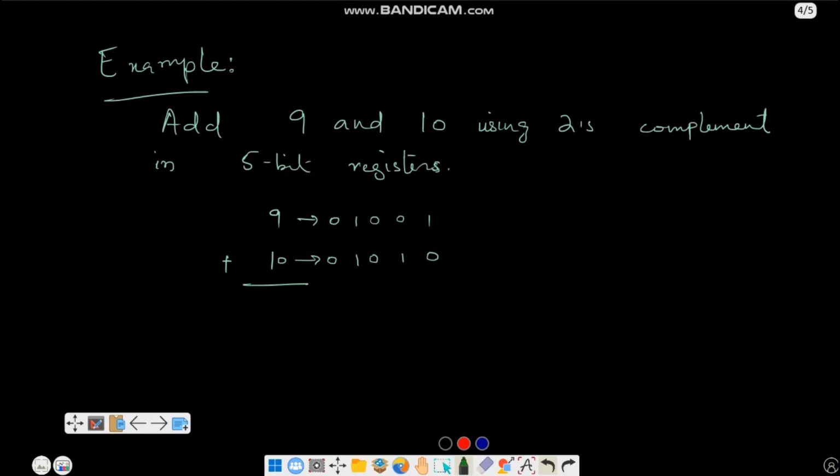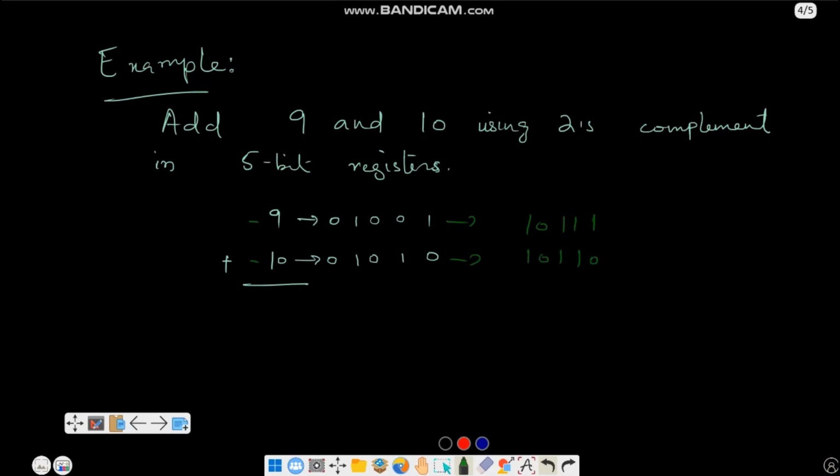Let's say I have two negative numbers. If I'm trying to add up these two negative numbers, what will I do? Both are negative numbers, and they have their binary equivalents in front of them. I can simply find the 2's complements of all these numbers. So the 2's complement of this will become 1 1 0 1, and the 2's complement of this will be 1 0 1 0 1.